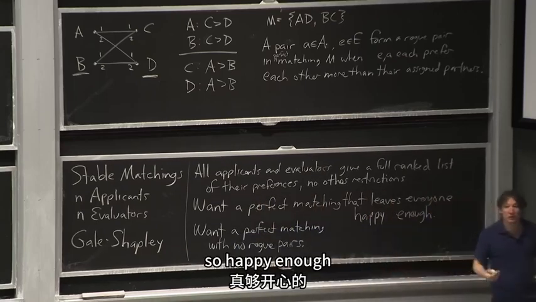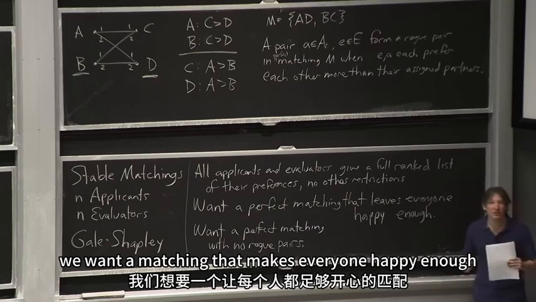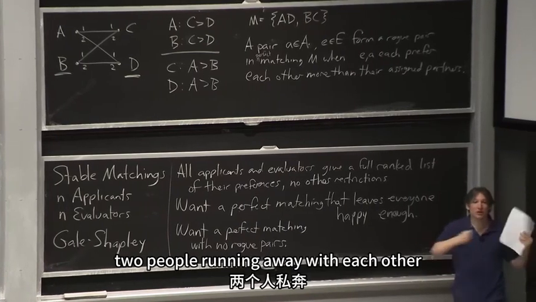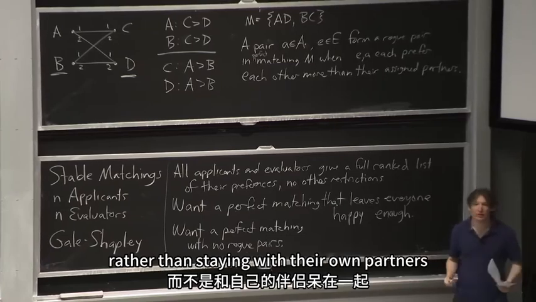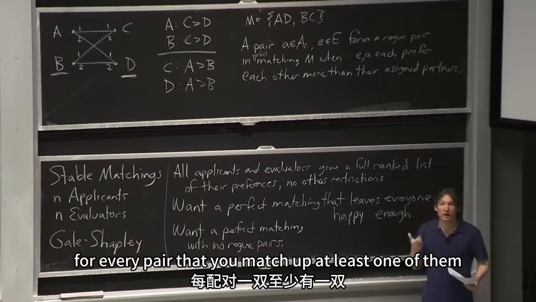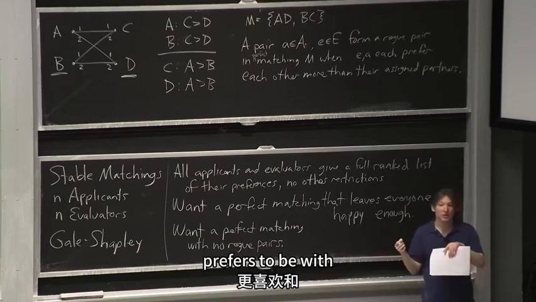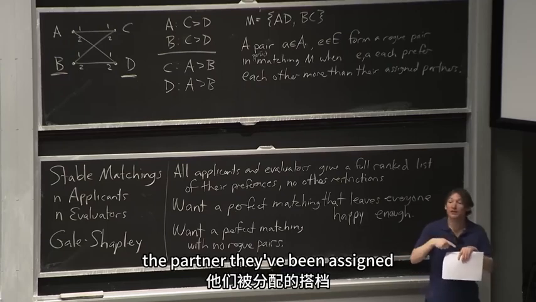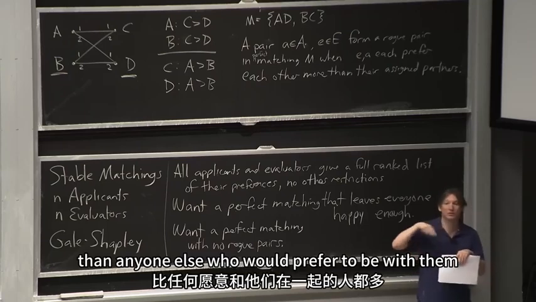So happy enough means a matching where you're never going to get two people running away with each other rather than staying with their own partners. For every pair that you match up, at least one of them prefers to be with the partner they've been assigned than anyone else who would prefer to be with them.